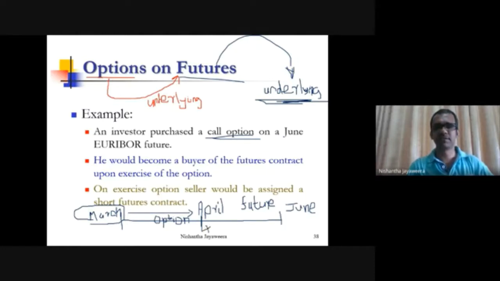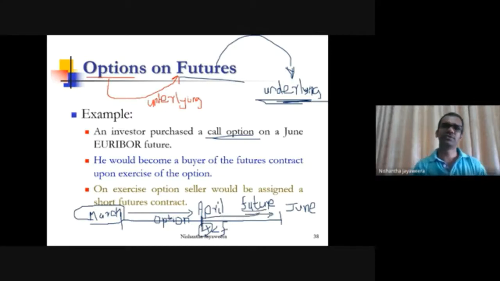If the strike price is less than the market futures price, he will exercise his right and buy the futures contract at price X. Then from April to June, he holds this futures contract unless he sold it. That's what happens. Anything else?